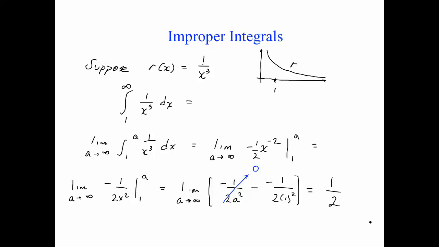We had a positive rate and we just kept adding more and more to the population, so it's growing indefinitely. Same thing here. We have a positive rate, we keep adding to the quantity, and we're only getting 1/2 as the total amount of the quantity indefinitely. What does your computer say? What do you think?